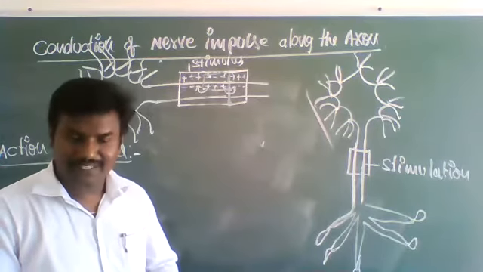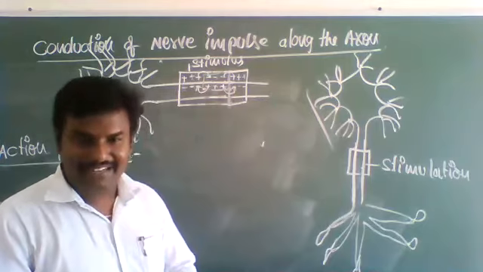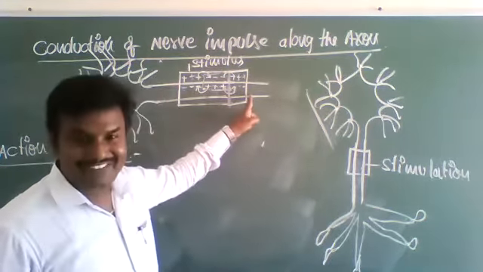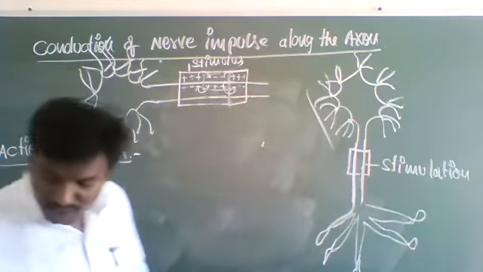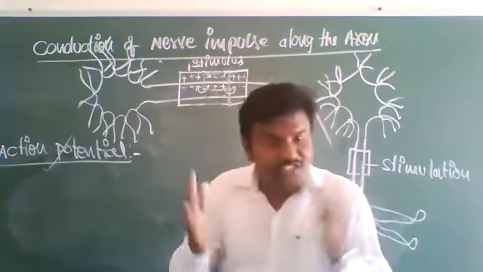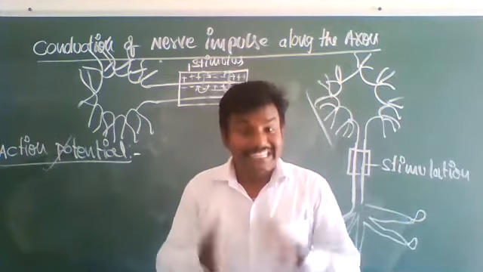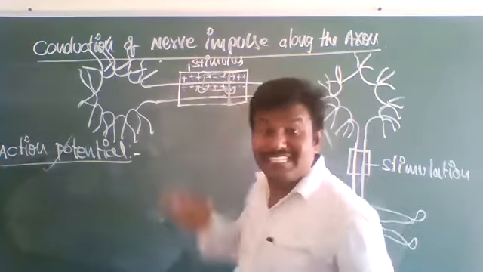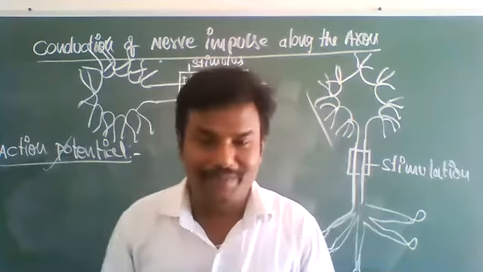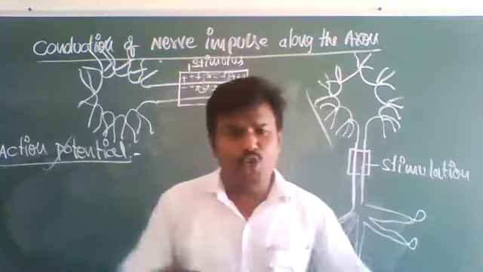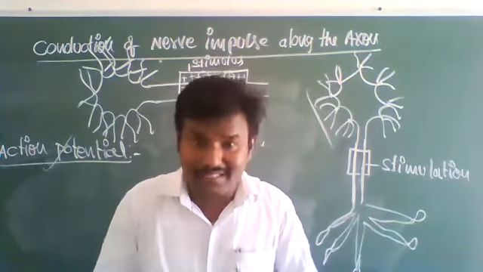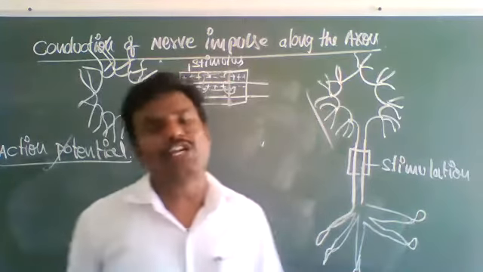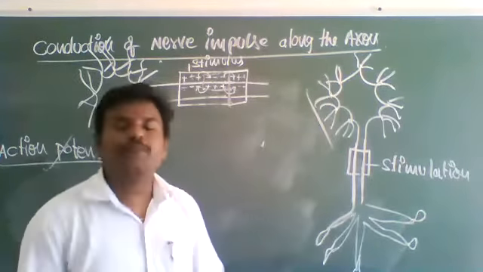The potential change across the nerve membrane that occurs on stimulation of nerve is called action potential. This is the definition of action potential. The potential change. Here, positive became negative, negative became positive. This is called potential change. The potential change across the neuronal membrane that occurs on stimulation of nerve fiber is called action potential. This is the action potential definition.